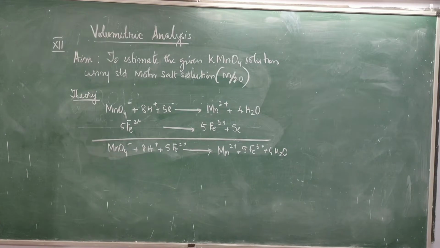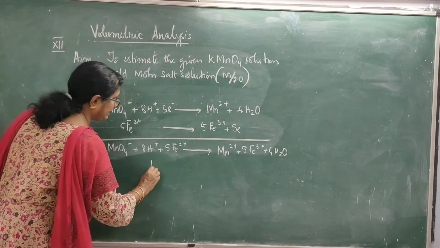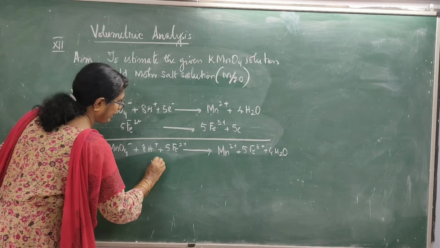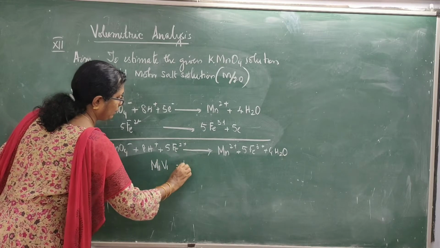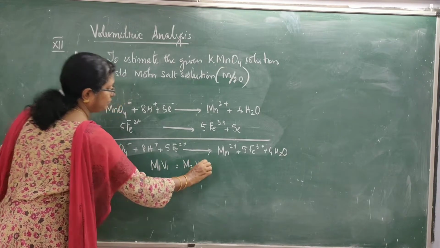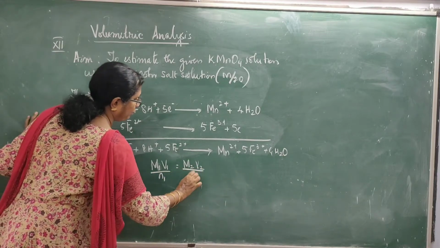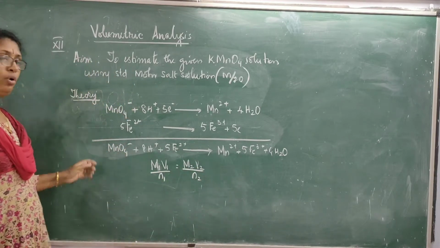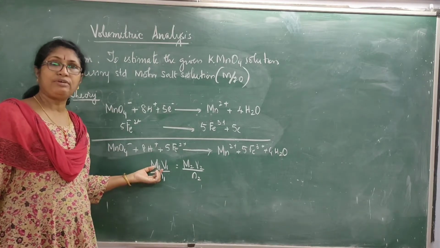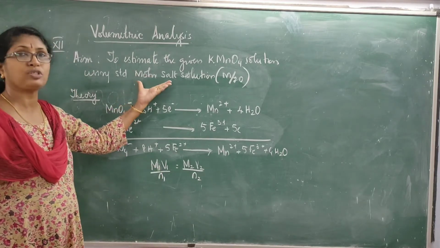Now the equation we are going to use is M1V1/N1 = M2V2/N2. M1 is the molarity of the first solution, which is the Mohr's salt solution.